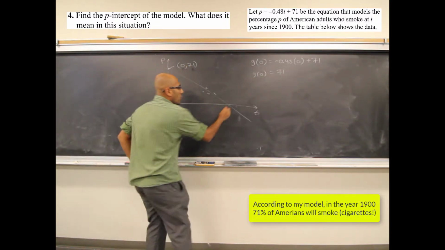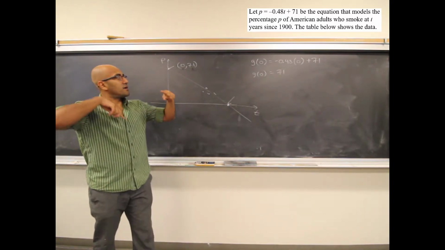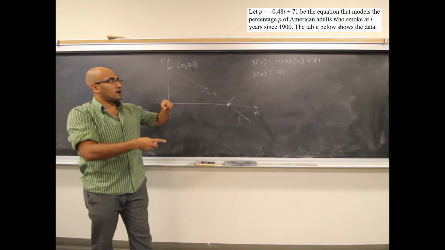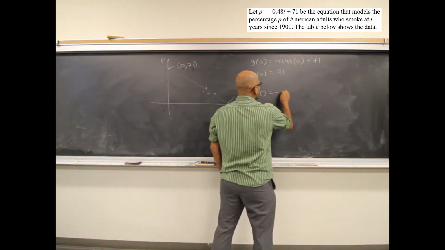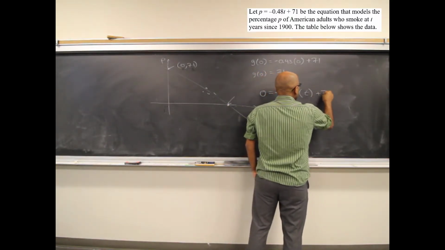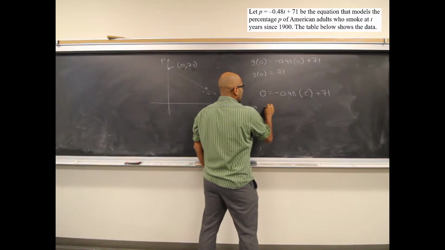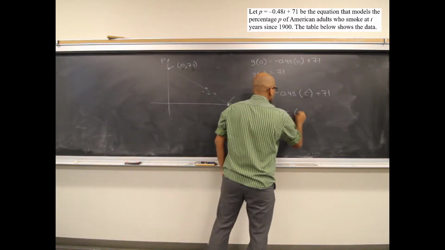Oh, okay, last one. What is this guy then? How do we find that? We set the output equal to 0. So we're going to take this equation, set it equal to 0, and solve for t. Negative 0.48 t plus 71. So that's going to give me negative 71 divided by negative 0.48 equals t.